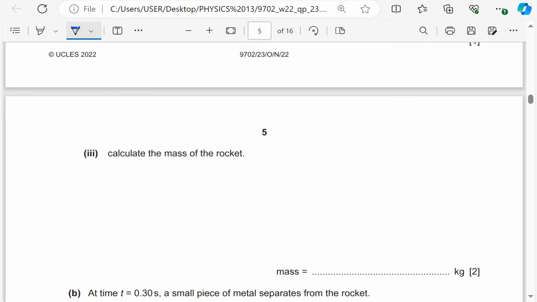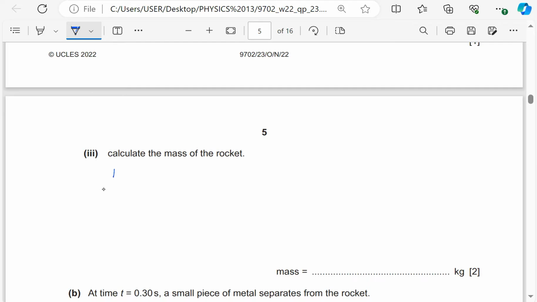Then calculate the mass of the rocket. Since I have the acceleration, and the resultant force is mass times acceleration, I will be able to find the mass of the rocket.